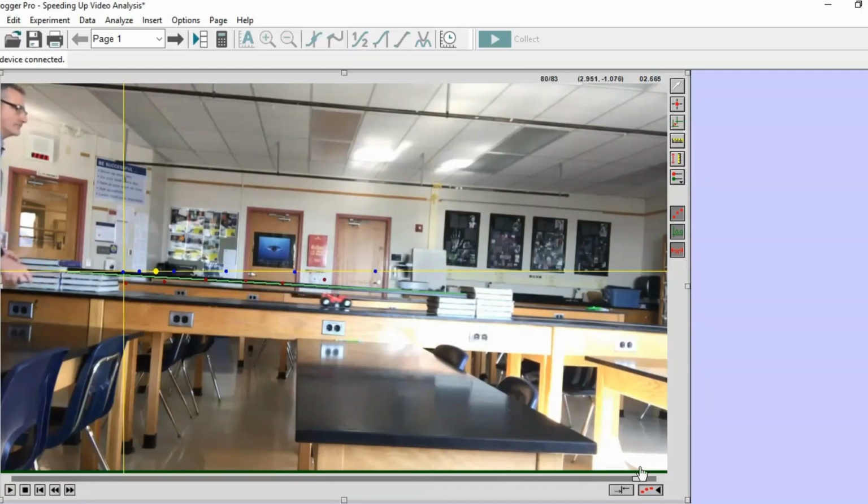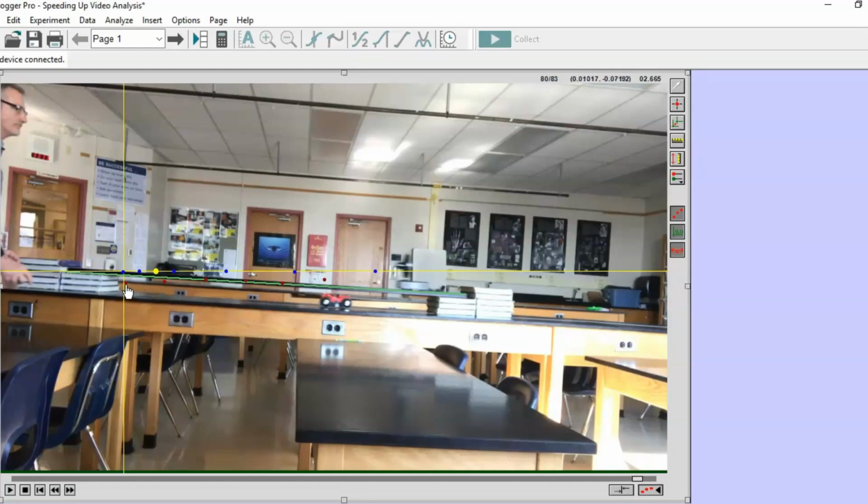Now let's look at some things here about this. Here I've placed dots. These are kind of hard to see, but if you look at the blue dots, this represents the motion every half second. So this is the position every half second at time equals 0, half a second, a second and a half, 2 seconds, 2.5 seconds.